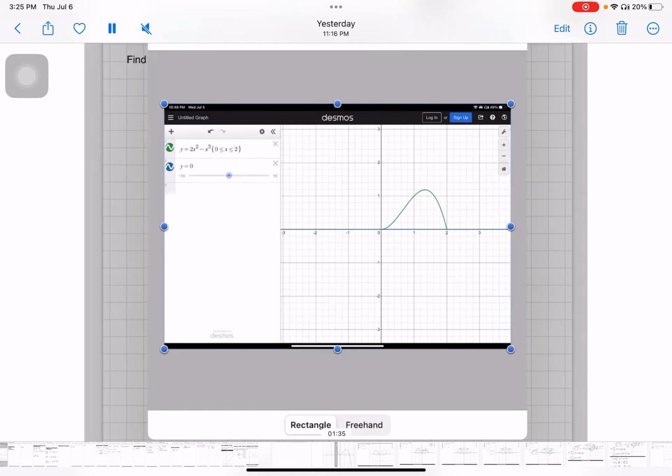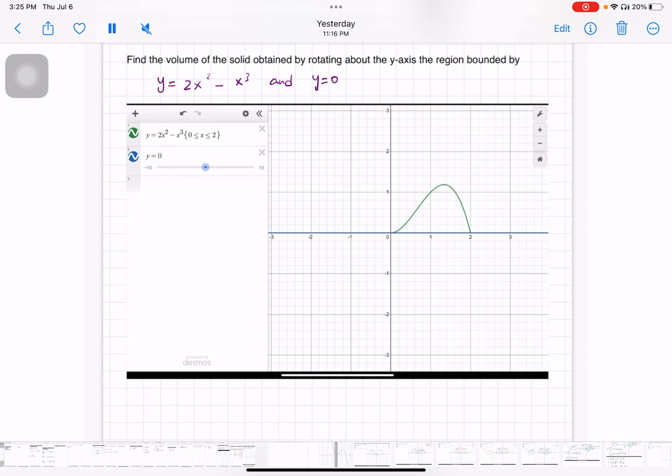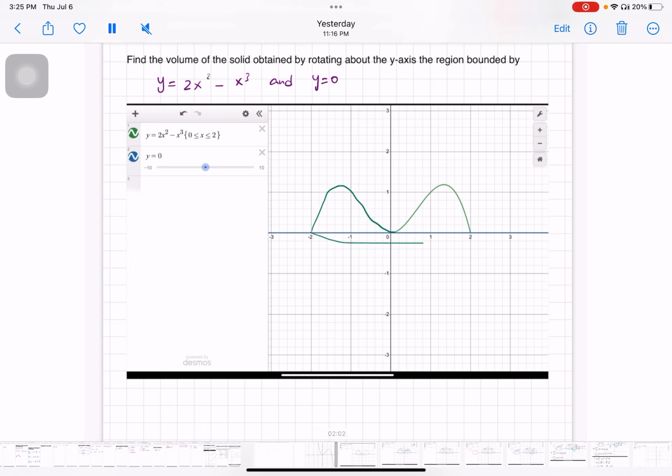And now let's rotate it along the x-axis. And this is what the three-dimensional shape looks like.